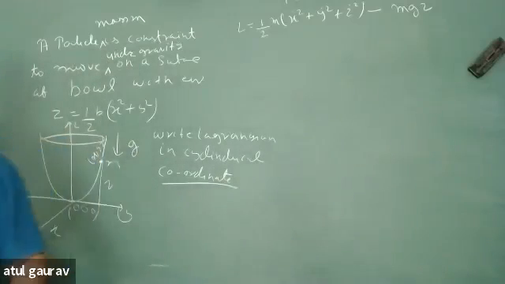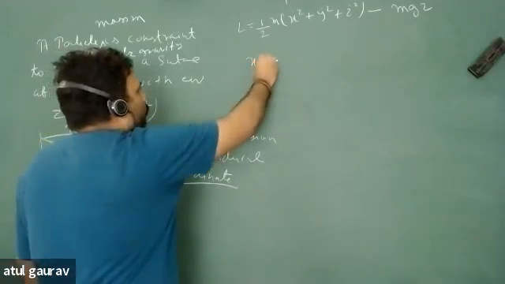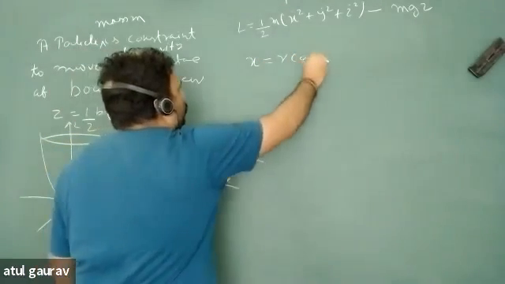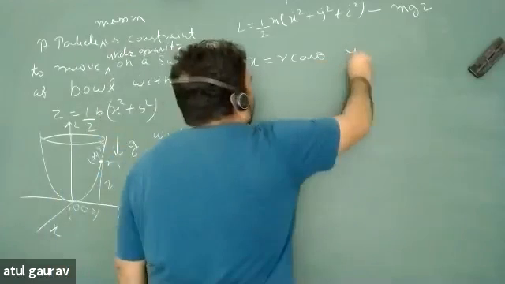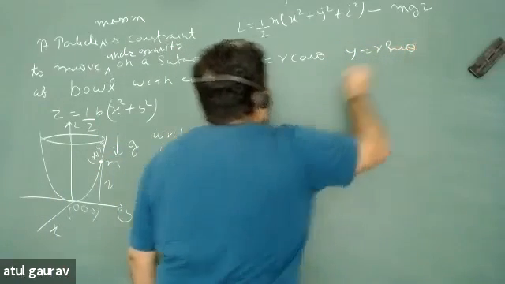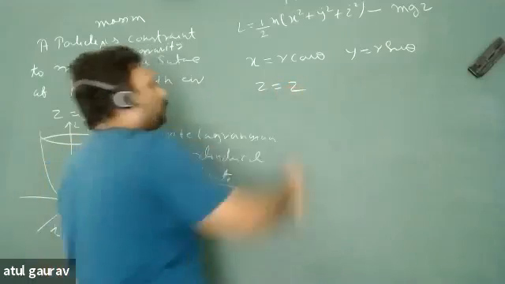If you want to transform this Lagrangian into cylindrical coordinate, then obviously I have to put x equal to r cos theta, y equal to r sin theta, and z equal to z.